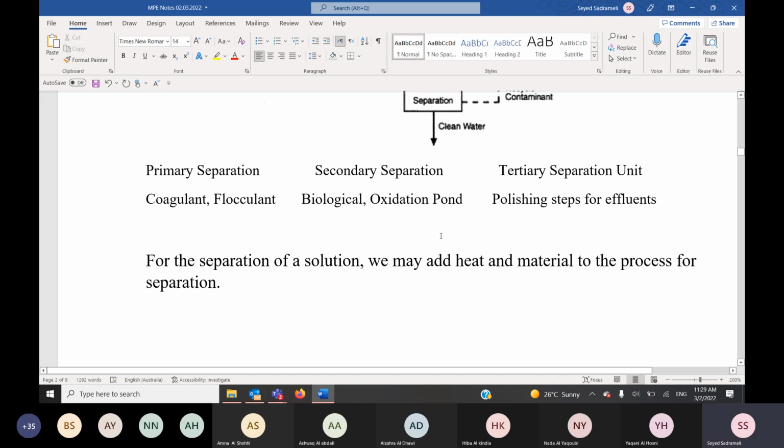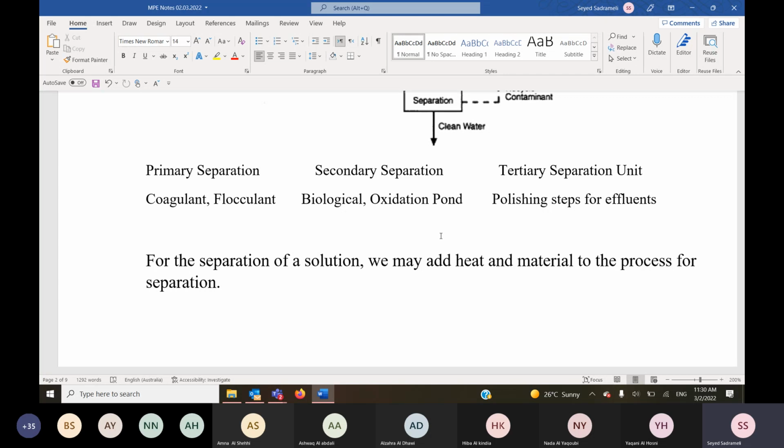So we have primary, secondary, and tertiary separation units, which are at the end of the process. Coagulants and flocculants are primary separation; biological treatment and oxidation ponds are secondary; tertiary separation consists of polishing steps for effluents.